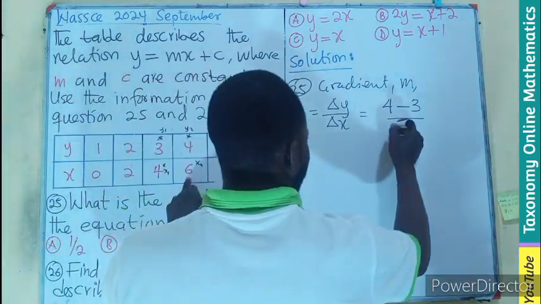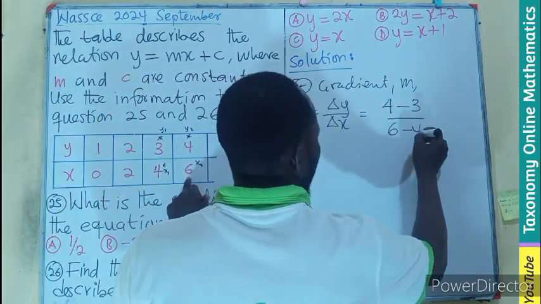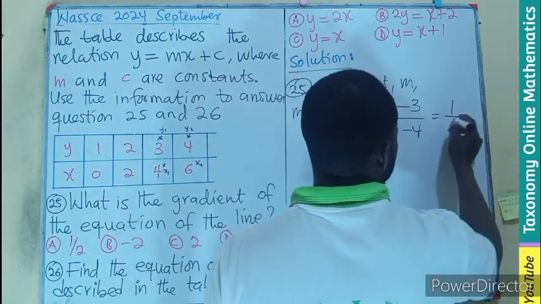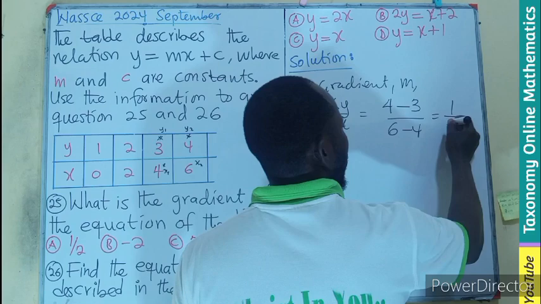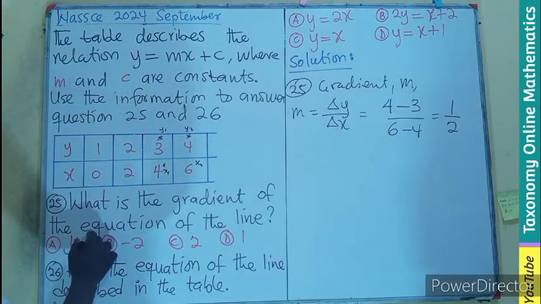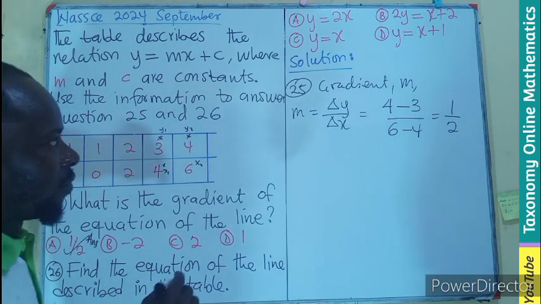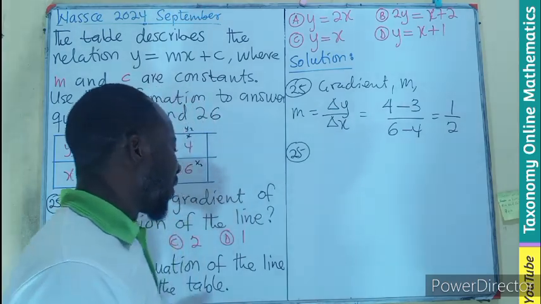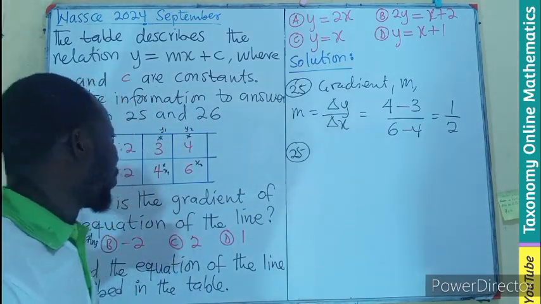Then the change in x will be 6 minus 4. 4 minus 3 will give you 1. 6 minus 4 will give you 2. So the gradient you are looking for is option A, 1 over 2.